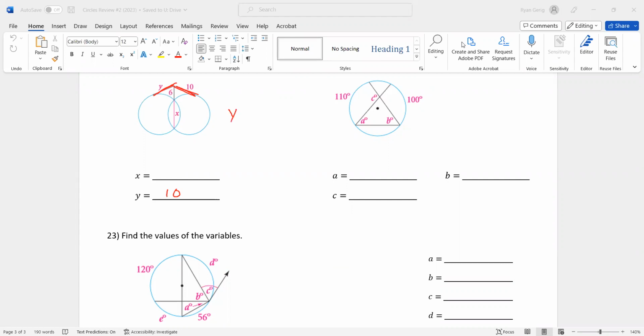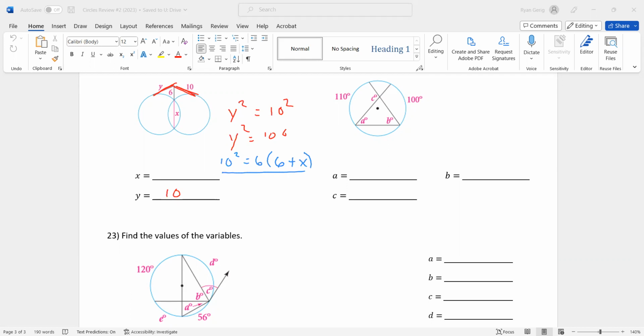The other way you could do it is y squared equals 10 squared, so y squared equals 100, and then y equals 10. I'm going to use the 10, either one of them. 10 squared equals 6 times the full length from the point to the circle, which is 6 plus x. And you just solve that equation.